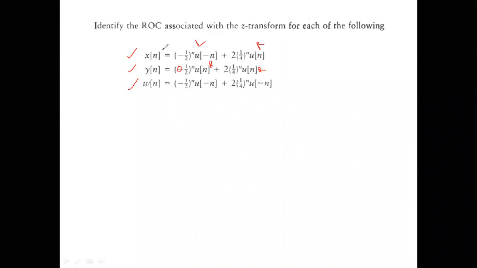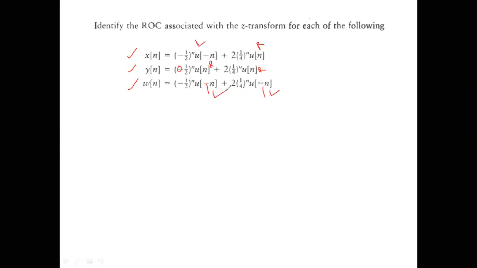The first x of n was a combination of a right sided signal and a left sided signal, whereas the second one here, y of n, is a combination of both right sided signals, whereas this third one here, you can see this also u of n, this also u of minus n. So this first sequence is also left sided, second sequence is also left sided.